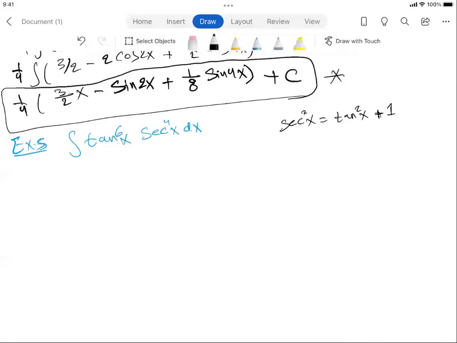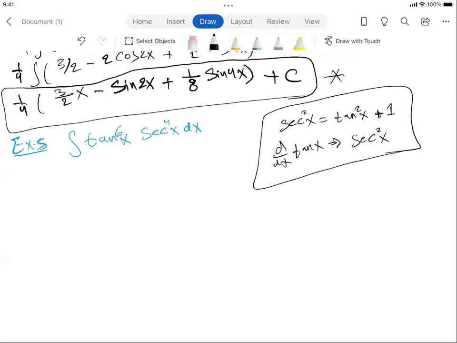So what I'm going to do is this. Let me also remind you that a derivative of tangent of x is secant square of x. So let's keep these two formulas in mind.